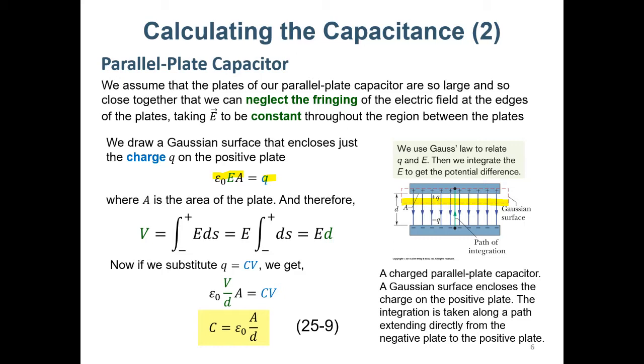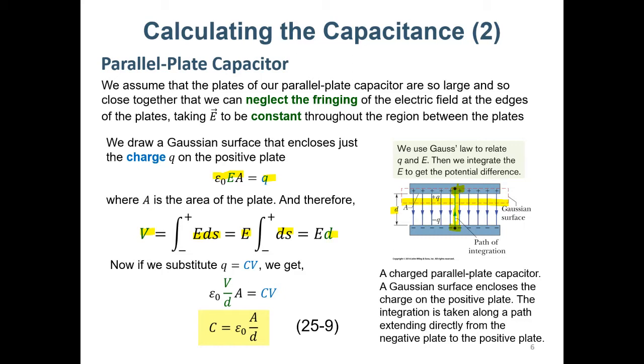So we have V equals this integration, and E is also uniform for this path. So we can just factor E out, and then we just integrate ds from the negative plate to the positive plate. So the distance between them is small d, and this integration is nothing but small d.